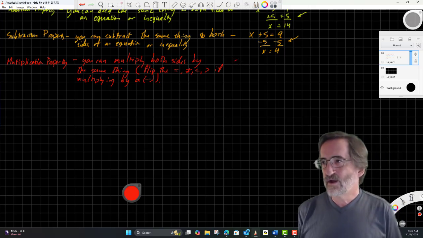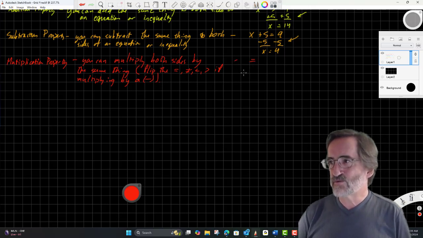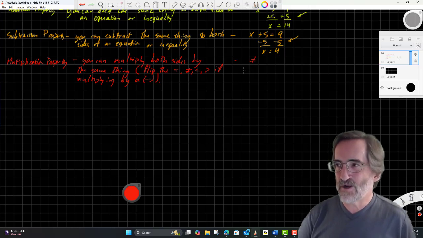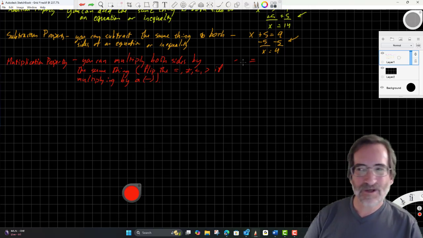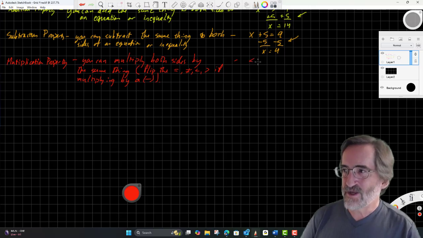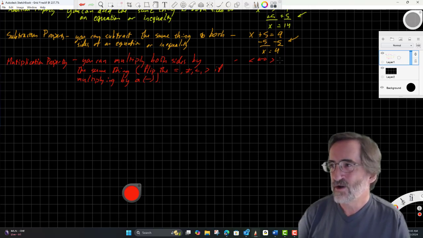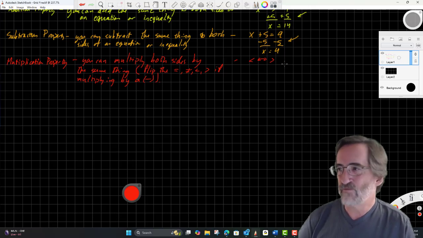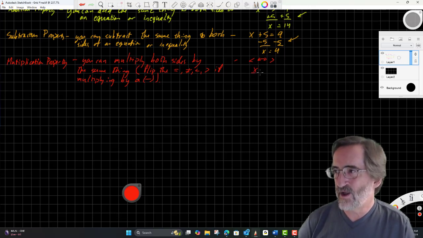Okay, and you may say, well, what happens when you flip an equal sign? You get an equal sign. What happens when you flip a not equals? You get a not equals. But when you flip a less than, it becomes a greater than. And so on and so forth. So let me give you an example from the inequality world. Let's say we got x divided by negative 2 is greater than 4.